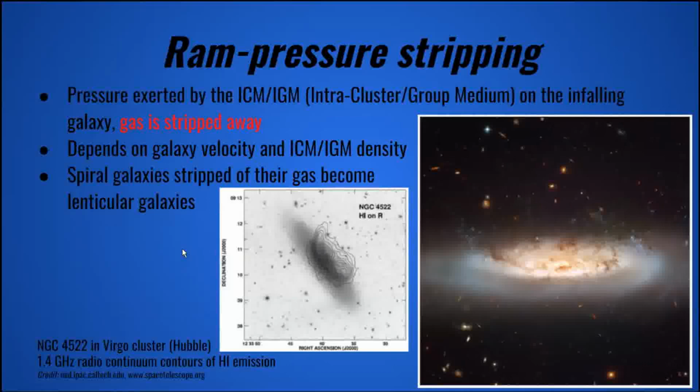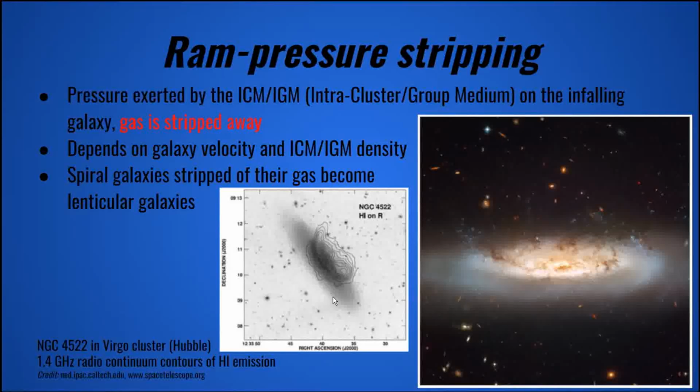Right, so ram pressure stripping is due to the hot gas, and it happens when a galaxy gets accreted by a cluster or a group, and the hot gas literally acts as the air when, you know, a spaceship comes back to Earth, the friction. It's exactly in the same way.